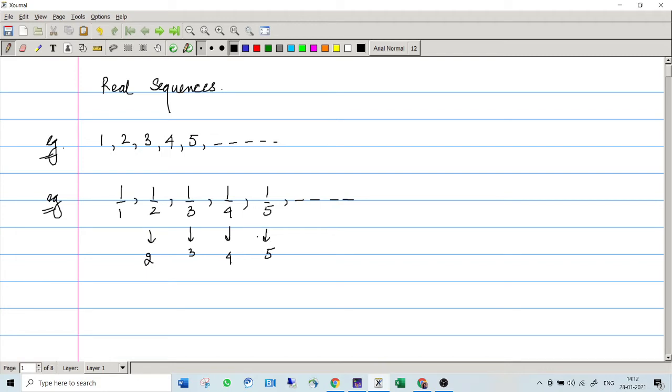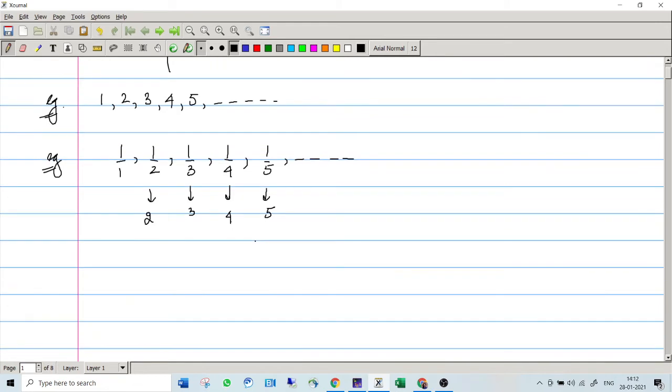Means for every value of natural number n, you have a value placed here. Like here 1 was going to 1 by 1, 2 was going to 1 by 2, 3 was going to 1 by 3.